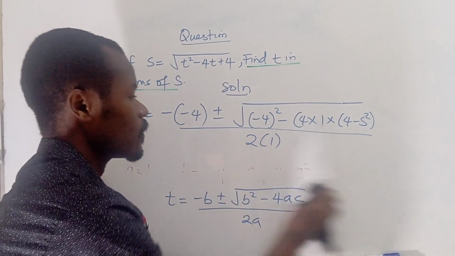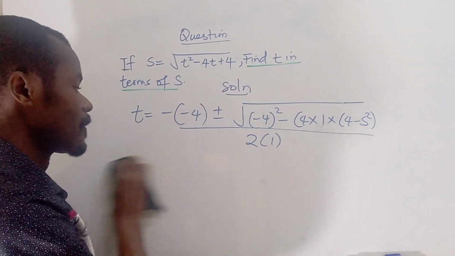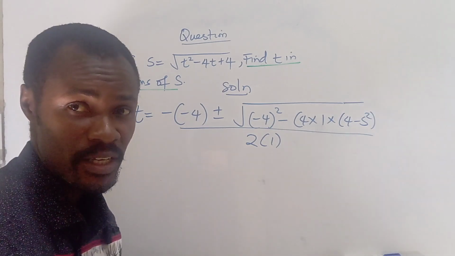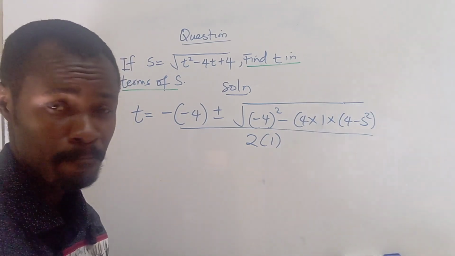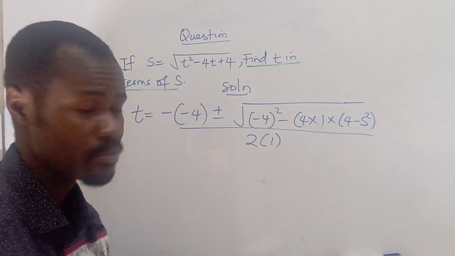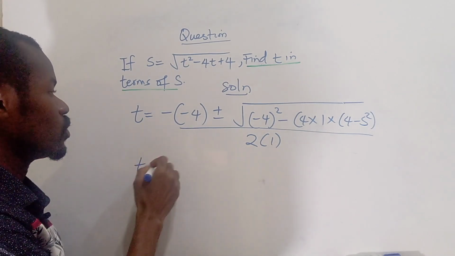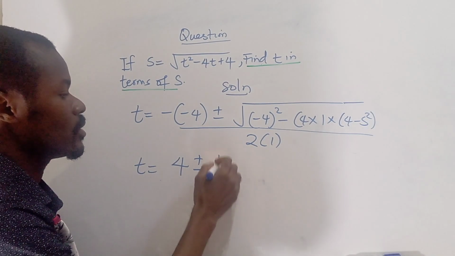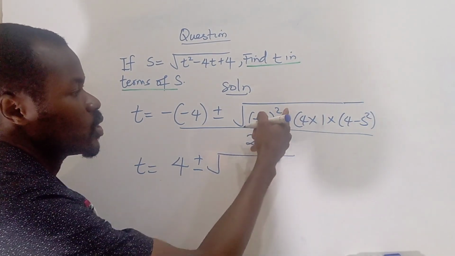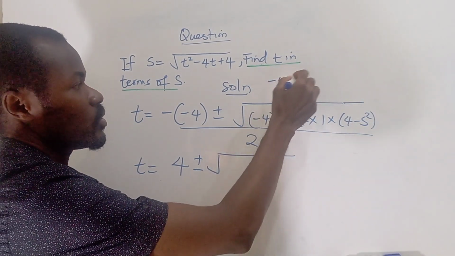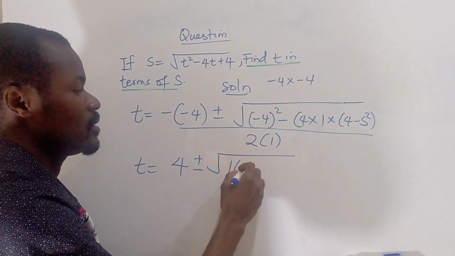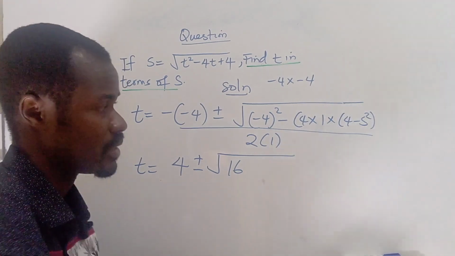So by the time we work on this, we'll be able to get the second expression making t the subject. So our t is going to be minus times minus is plus, so we have 4 plus or minus the square root. Minus 4 squared means minus 4 times minus 4. Minus times minus is plus, 4 times 4 is 16, so we write plus 16.